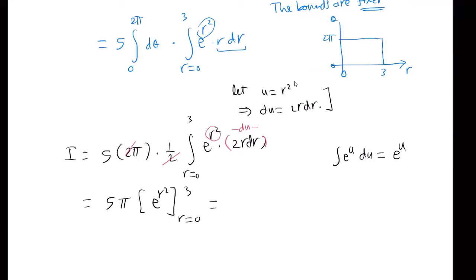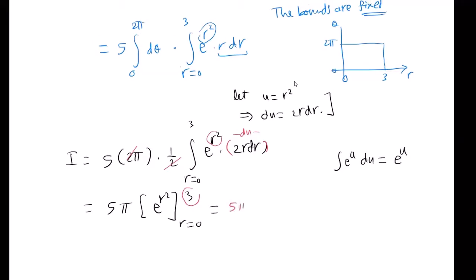Substitute for r now for the upper bound first, then minus, plug in the lower bound, to get 5 pi times e to the 9 minus e to the 0. So it's 5 pi times e to the 9 minus 1.